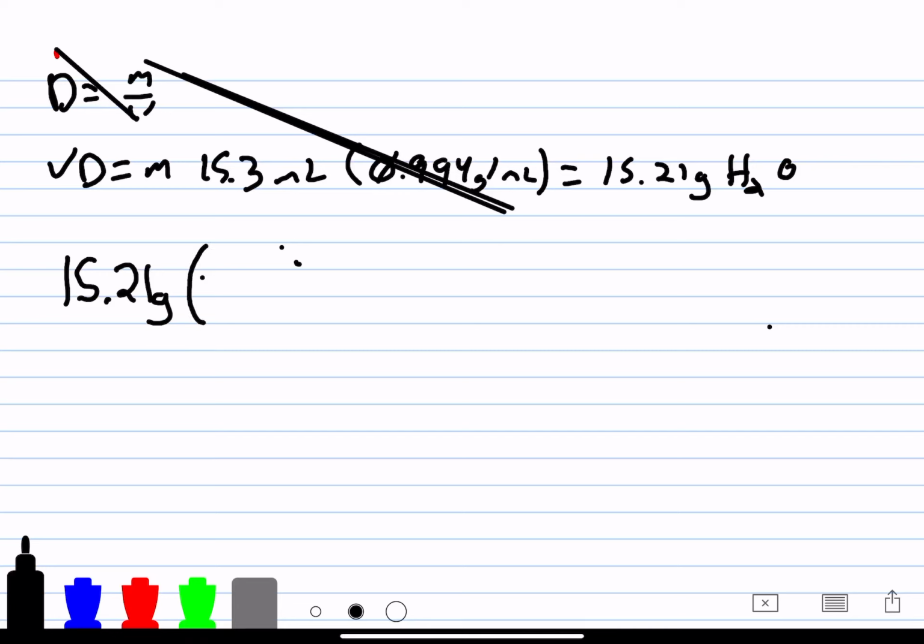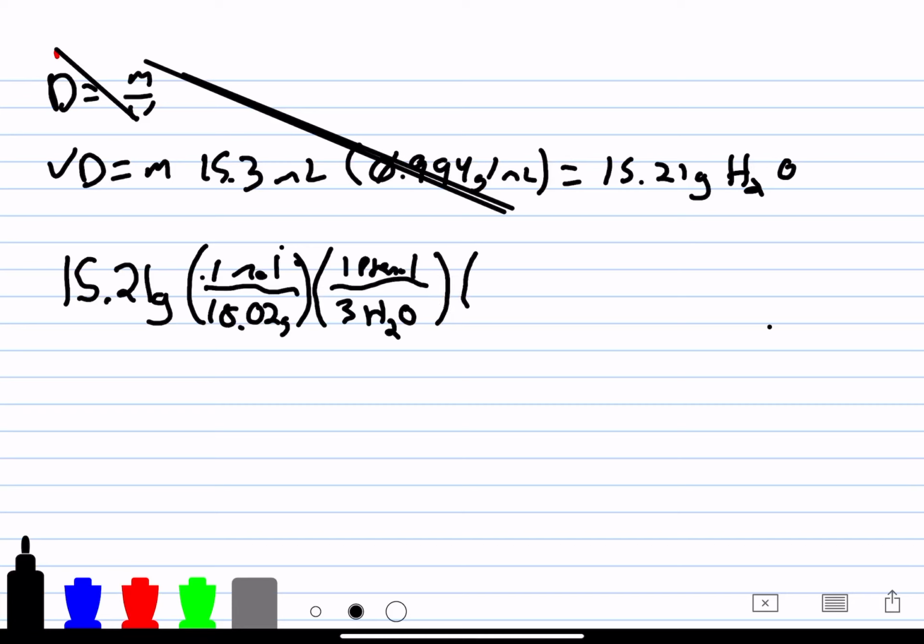that we burned. So 15.21 grams of H2O, well, 1 mole of H2O is equal to 18.02 grams. We had 3 waters formed for every 1 phenol burned, and 1 mole of phenol was equal to 94.11 grams.